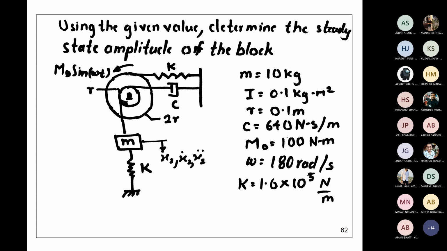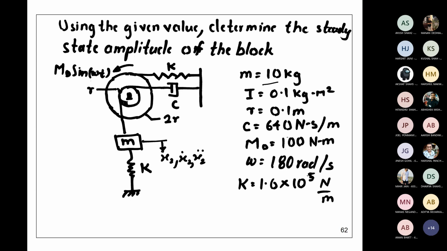Using the given values, determine the steady state amplitude of the block. The mass M of the block is 10 kg, the inertia of the disk is 0.1 kg meter square, and the radius R is 0.1 meter. It is a compound wheel: the inner radius is R, the outer is 2R.